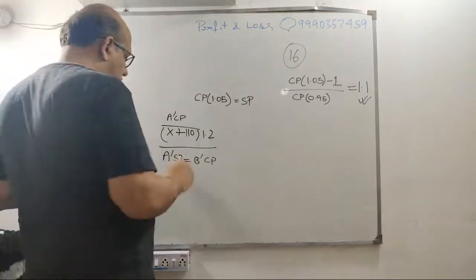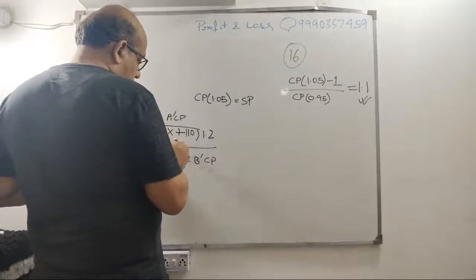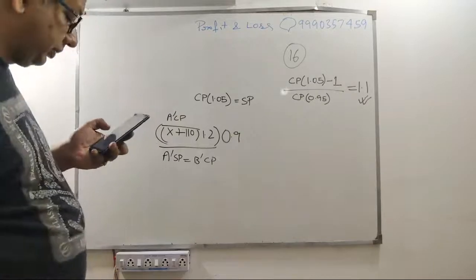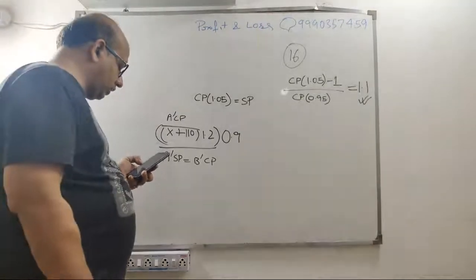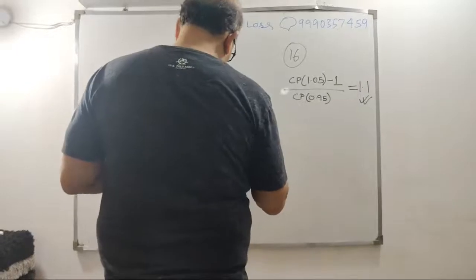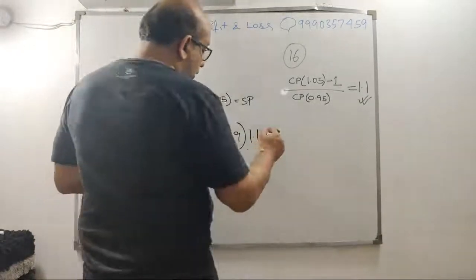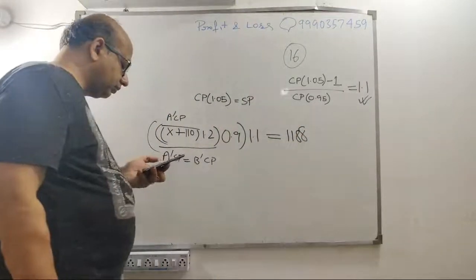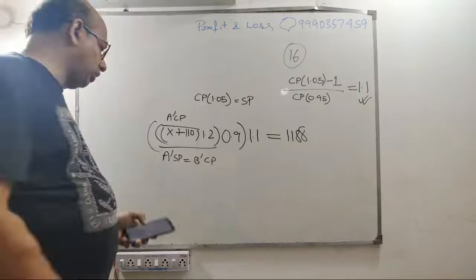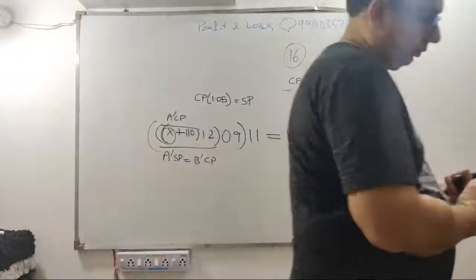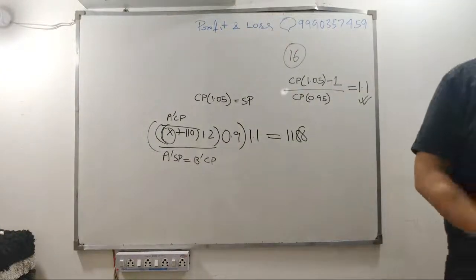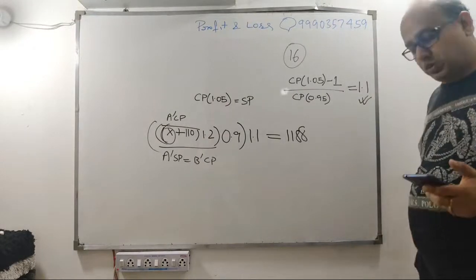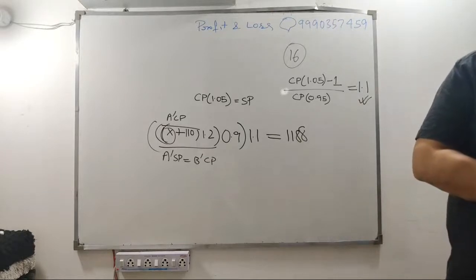And B sold it to C at 10% loss, तो 0.9, ये हो गया B का SP और C का CP, and C sold it at 10% profit, 1.1, to someone for 1188. What is the amount A bought it for? X is the answer to the question. X plus 10 into 1.2 into 0.9 into 1.1 is equal to 1188. मेरे ख्याल से हो गया.